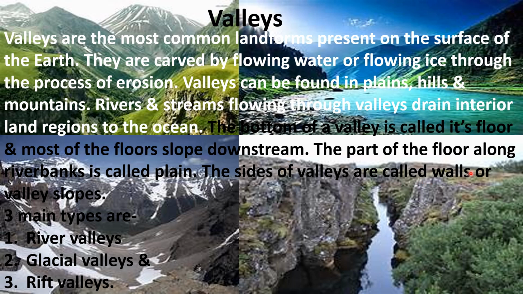The part of the floor along the river bank is called a plain. The sides of the valley are called walls or valley slope. You can see this here. These are known as valley slope and this is known as plain.